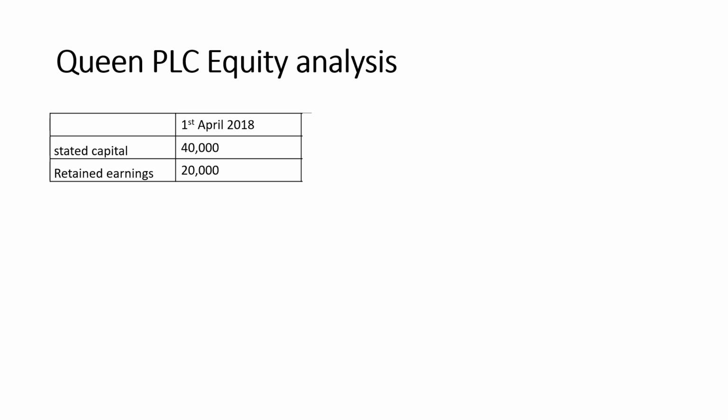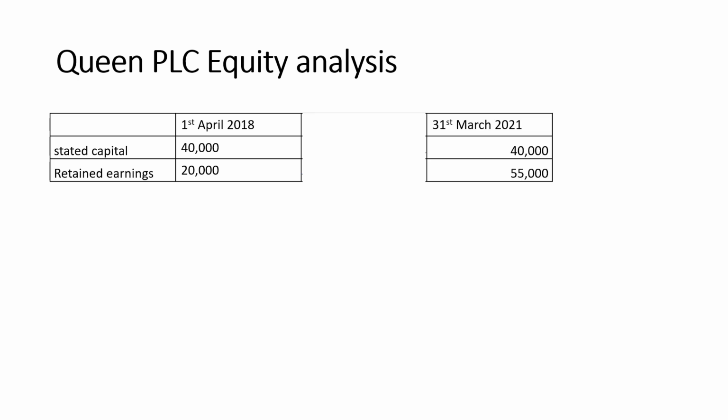Then at the end of 31st March 2021, the stated capital remained at 40,000, and retained earnings or reserves have increased to 55,000, which means the post-acquisition reserve is 35,000.